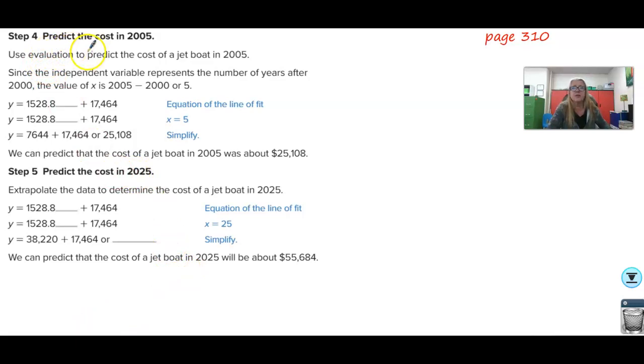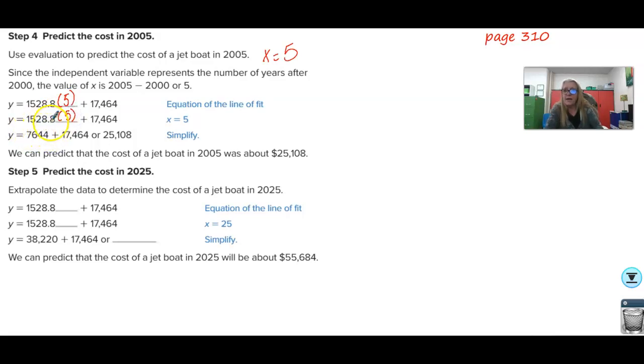Use the equation to predict the cost of a jet boat in 2005. Well, the graph said number of years after 2000. So that means in this example, x would be 5 because 2005 is 5 years after 2000. So you would substitute 5 here, and I haven't done any of this math in advance. x equals 5, but it looks like they've done it for me.